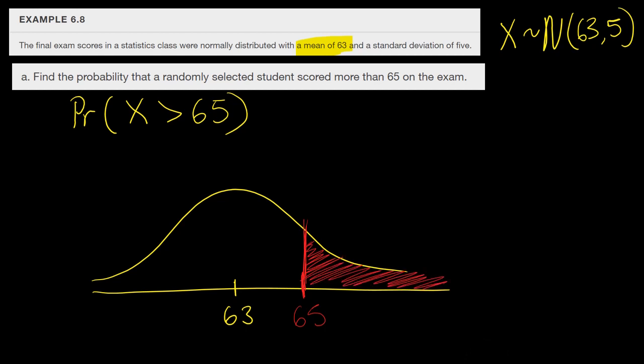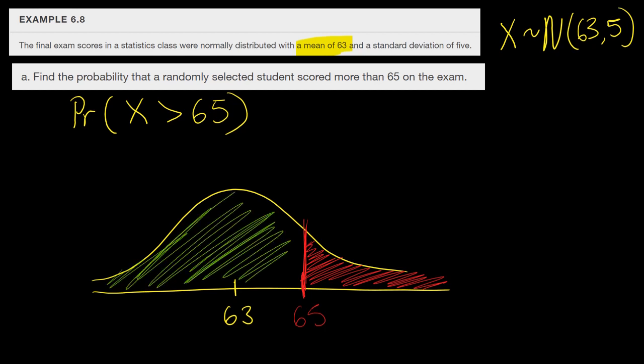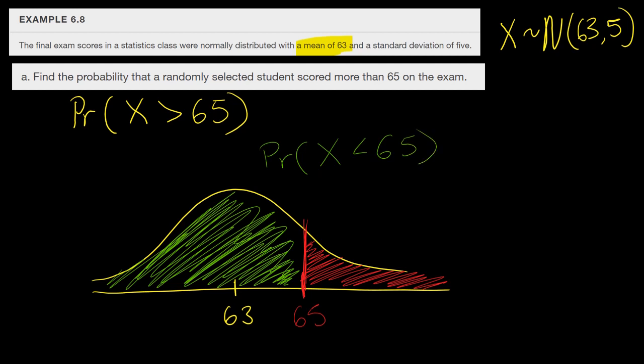When I go into Excel, though, and actually if you use your calculator as well, all calculators that calculate normal probabilities are always going to calculate cumulative distribution functions, or the cumulative probability. And we always cumulate from the left, okay? So if I accumulate from the left and figure out the probability that X is less than 65, can I use that information in some way?